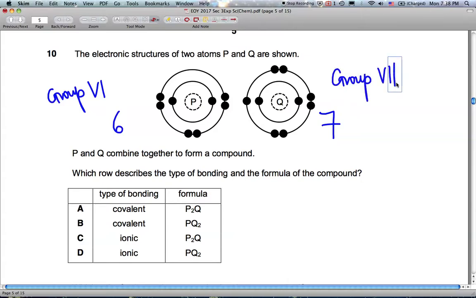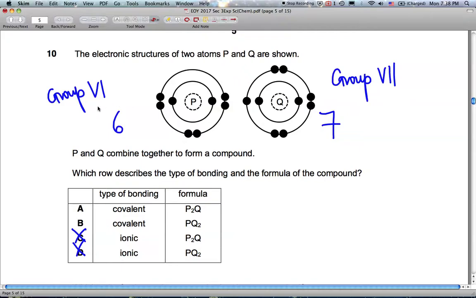This tells us that both are non-metals, and as a result, they undergo covalent bonding. So options C and D are automatically out because ionic bonding occurs between metals and non-metals. Now the next thing we do is to look at the formula. We are given two options, P2Q or PQ2.